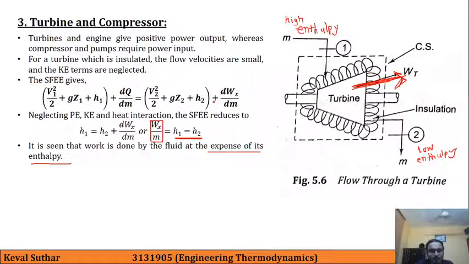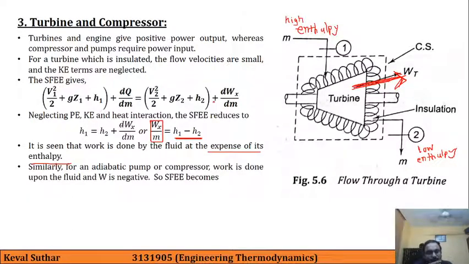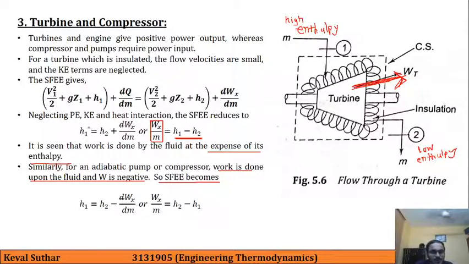Okay, so now similarly, for an adiabatic pump or compressor, which is completely the reverse of a turbine, work is done upon the fluid and W is negative. So SFEE is given by this formula, in which it is as it is, only the difference is the negative sign is coming, because in the case of an adiabatic pump or compressor, the work is done on the system, and when the work is done on the system, the negative term comes here.